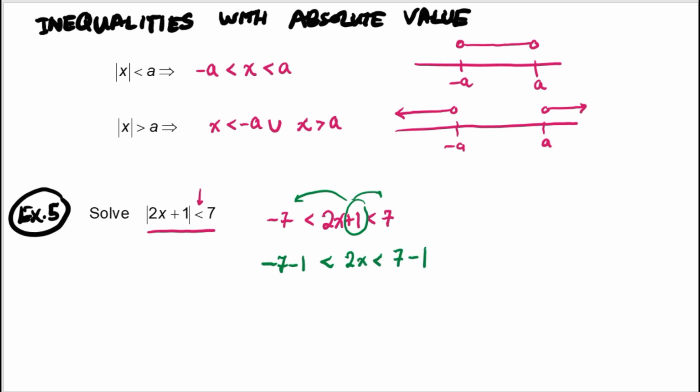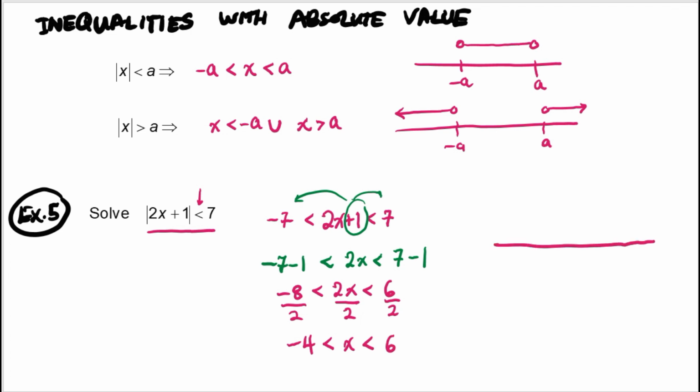So I have negative 8 less than 2x less than 6. I want to remove the 2, so I divide by 2 on every side, and I have x greater than negative 4 and less than 6. If the question asks you to write it on the real number line, we have negative 4 and 6, and because we don't have the equality symbol here, negative 4 and 6 are not included.